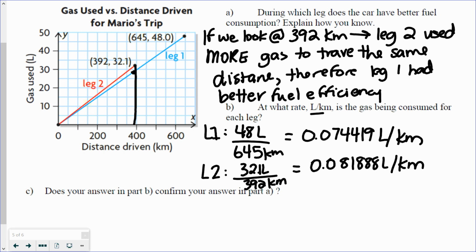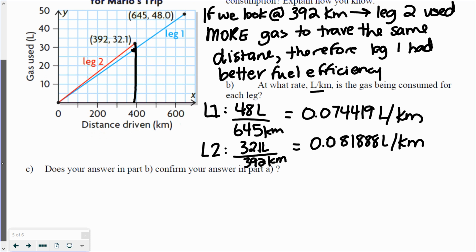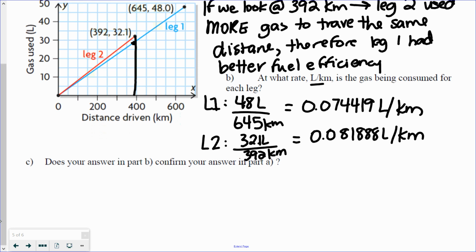And so thinking about what that information means, we have two numbers, one higher and one lower. Higher liters per kilometer is actually a bad thing because it's saying how many liters of gas it takes you to get a kilometer. So leg 2 has higher liters per kilometer, meaning it takes more gas to get the same distance.